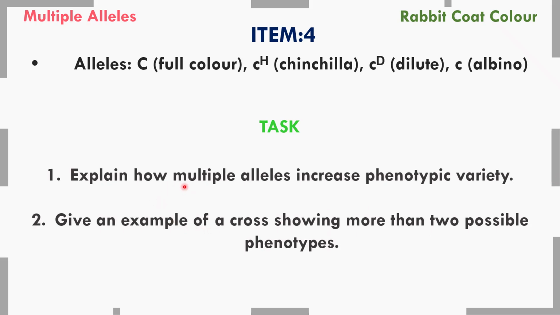Explain how multiple alleles increase phenotypic variety. Give an example of a cross showing more than two possible phenotypes.